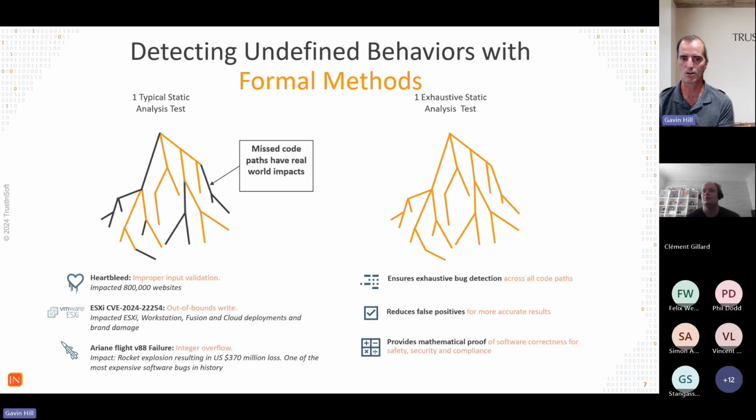I think it's up there with one of the most expensive bugs in history. With exhaustive static analysis utilizing formal methods, you are able to test all of those code paths and ensure that, mathematically, you can guarantee there are no undefined behaviors, which result in some of those real-world issues that I pointed out.